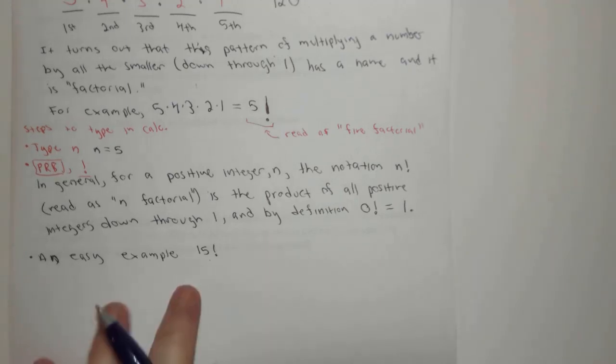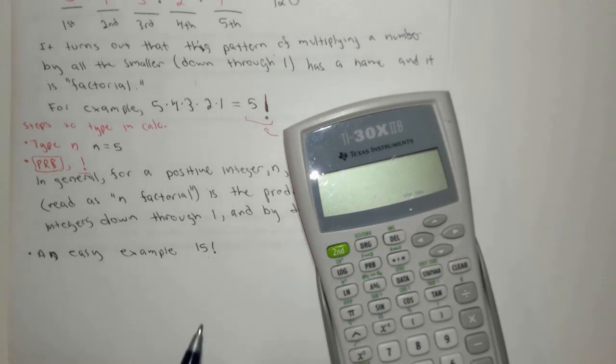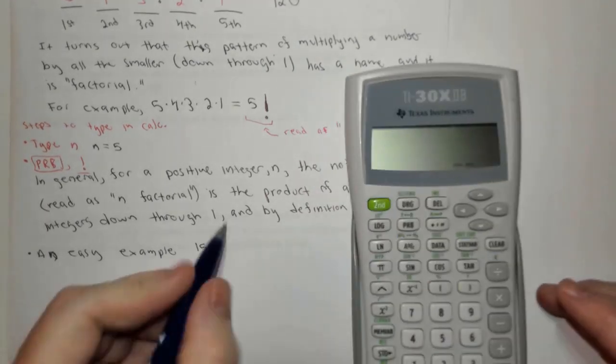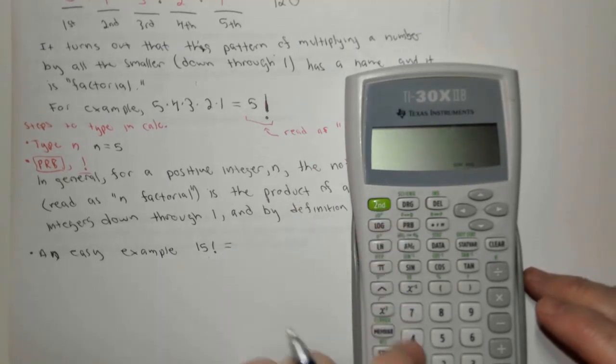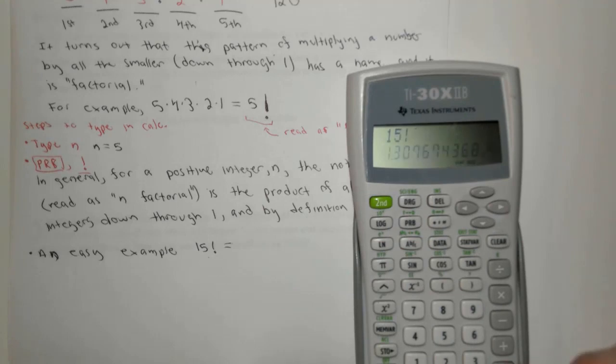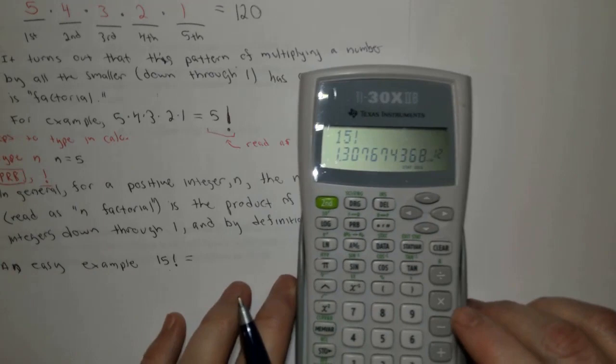Okay, so we'll do the same thing down here, because I really don't want to type 15 times 14 times 13 all the way down. So 15 factorial, if I type that in, use my steps. Notice on this one, we end up with something weird.